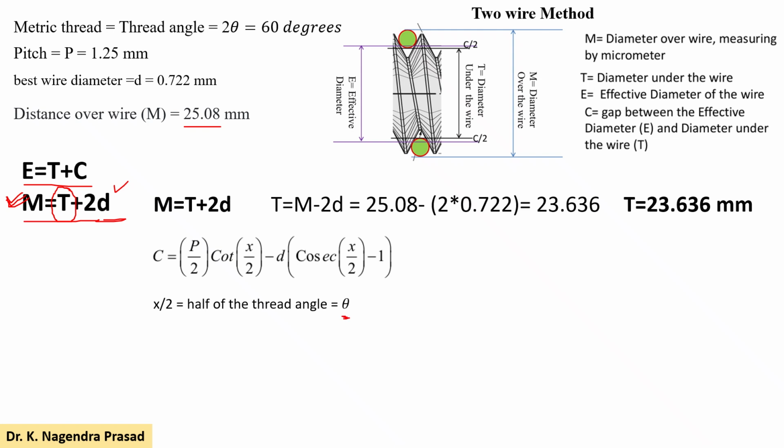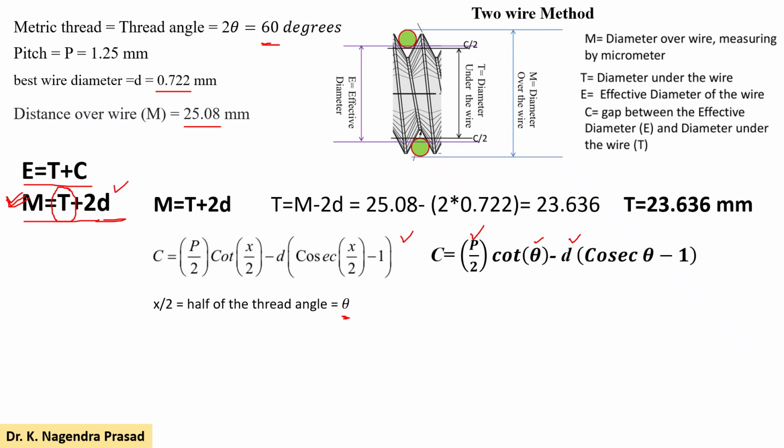Then this equation can be rewritten as capital C equals P by 2 into cot theta minus small d into cosecant theta minus 1. Here P is the pitch value, which is 1.25 mm, theta is half of the thread angle, that is 30 degrees, and small d is the best wire diameter, that is 0.722.